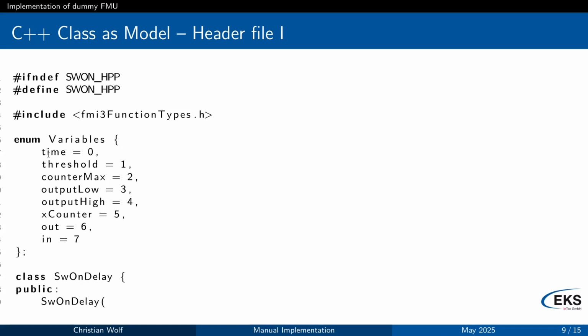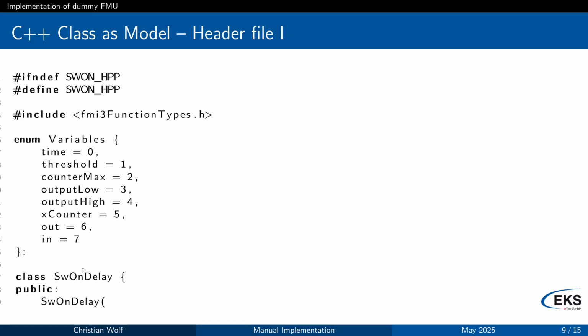So you remember time was 0, use threshold was value reference 1, and so on. And by using this scheme, you can now use threshold as an alias for the correct value reference. It's much more convenient.